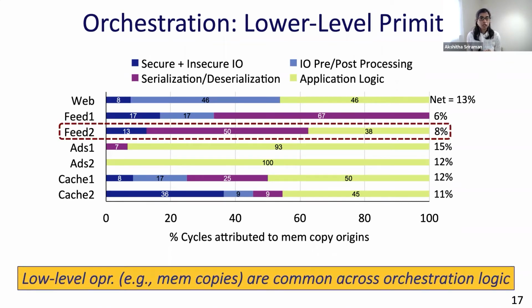With Facebook's newsfeed microservice that I'm highlighting here, we see that memory copies are common across the different types of orchestration operations, like serialization and IO processing. Optimizing these lower level primitives like memory copies has the potential to optimize these common orchestration operations across the board, across these different Facebook microservices.